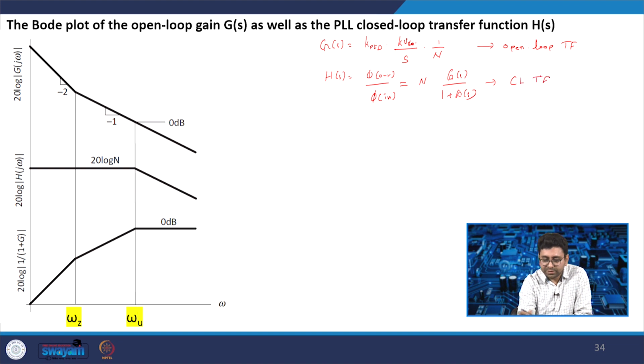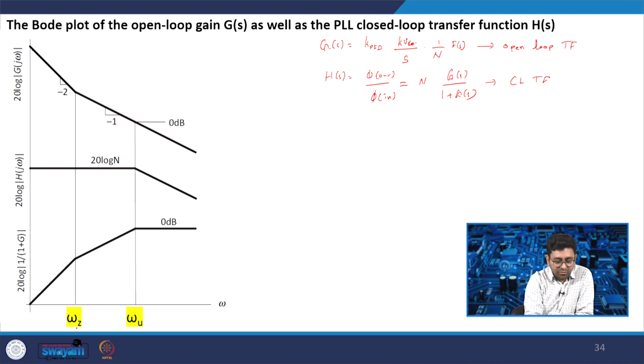Now, if we see G(s), if a type 1 PLL is there, there is only one pole. If a type 2 PLL is there, we can add an F(s), which will add another pole. So, there are 2 poles, and because of the 2 poles there is a slope of 40 dB per decade.